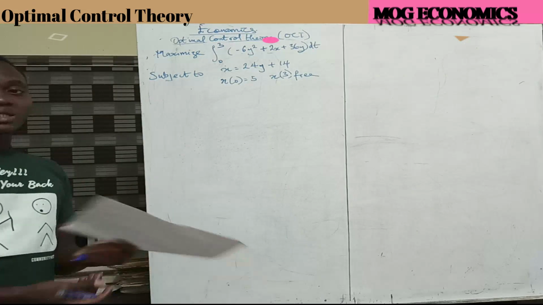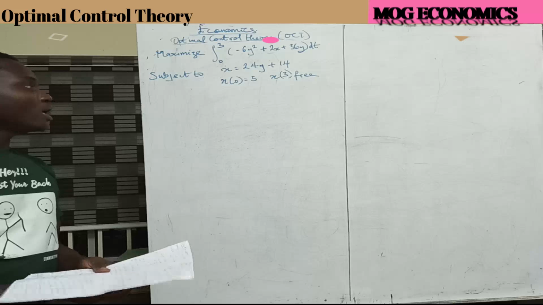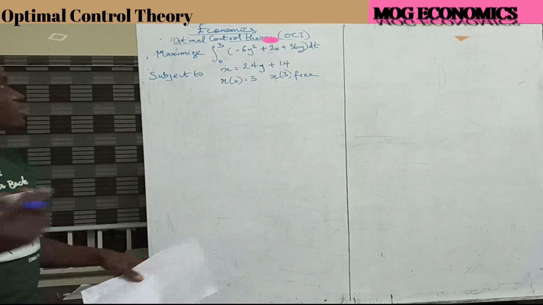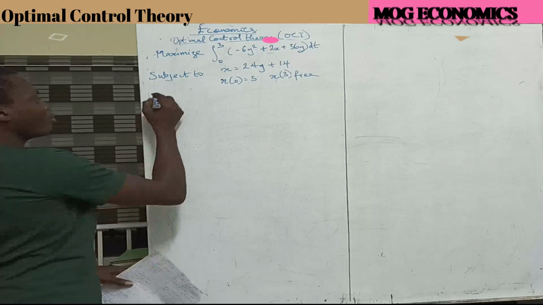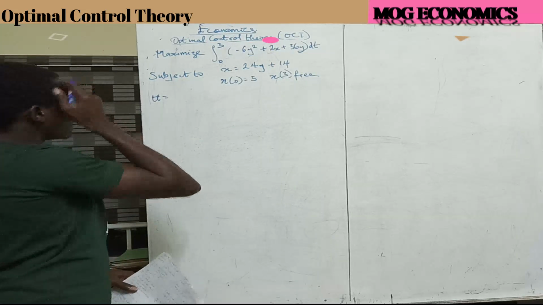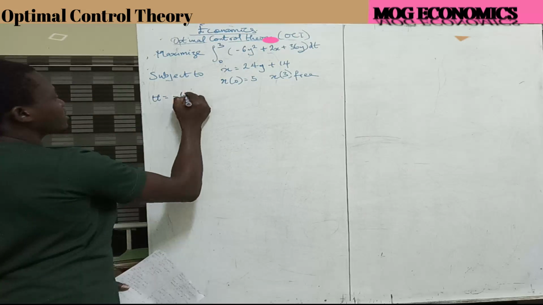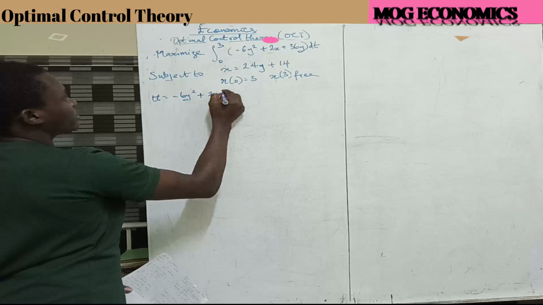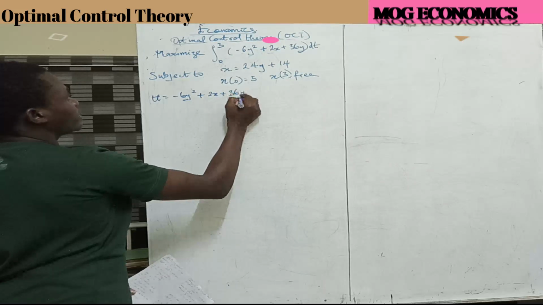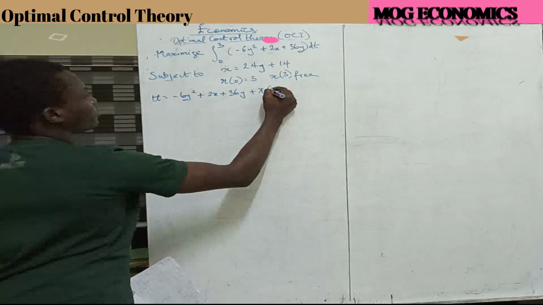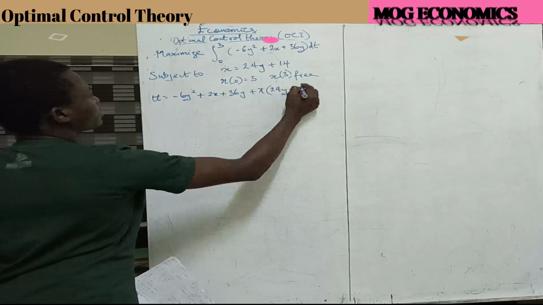Obviously we are still going to apply the transversality condition, but we are not there yet. The first thing is for us to set up the Hamiltonian. We have minus 6y squared plus 2x plus 36y plus lambda into brackets 24y plus 14.